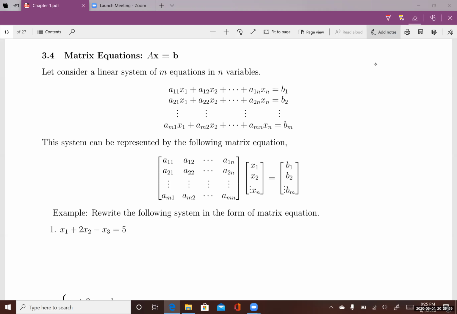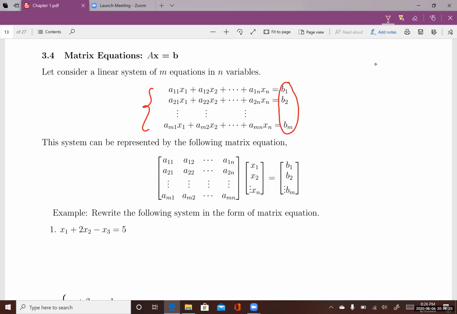If we consider a system of M equations and N variables, we have M equations, and we have X1, X2 to Xn. And the B's here are constants on the other side of all the equations.